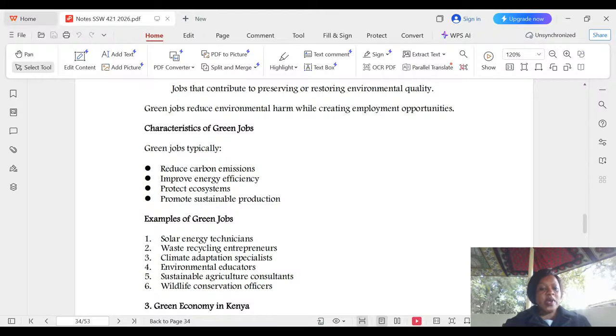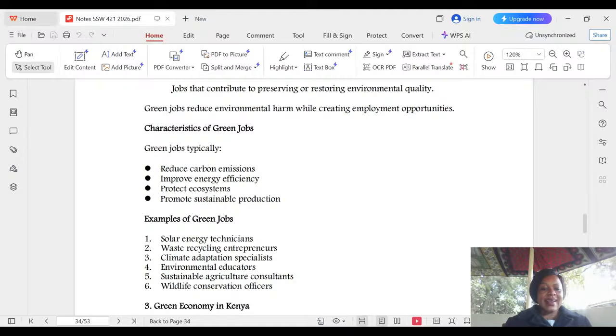Waste recycling entrepreneurs, of course, again, this is the future. We have seen at our doorsteps the impact of mistreating the environment. So we now know that we have to work to protect this environment. The people and businesses that will be relevant in the future are the ones that will be protecting the environment. So the jobs that will be relevant are the green jobs.